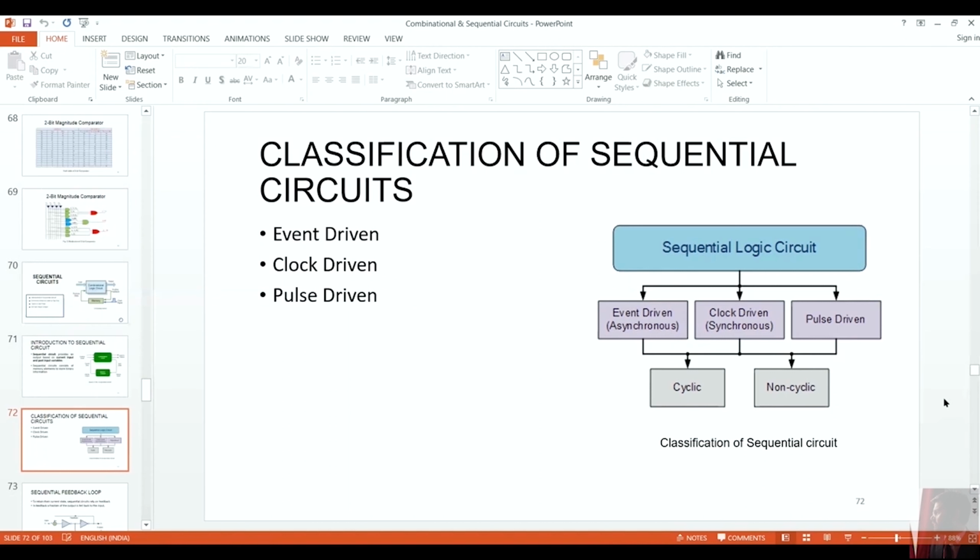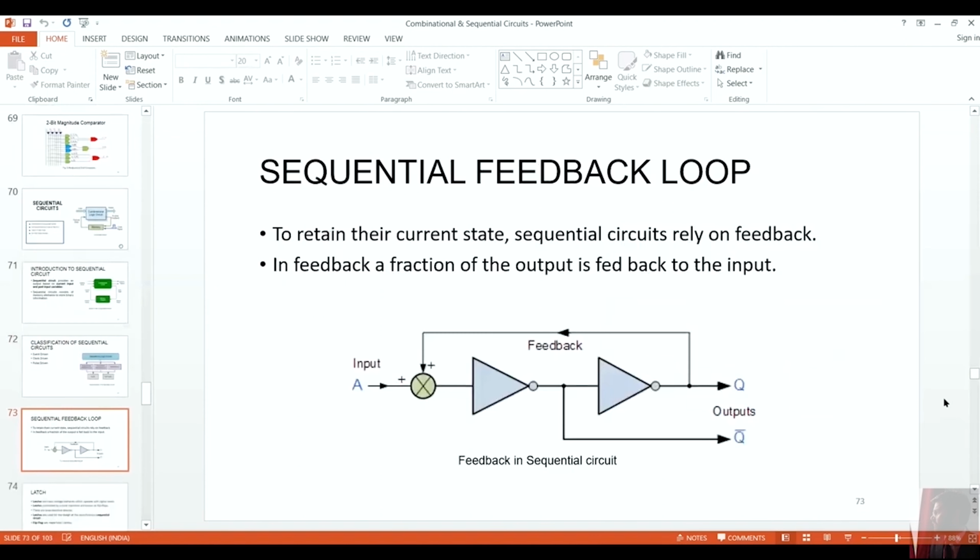When we talk about event, as I told you, it is random, it is asynchronous. When it is clock driven, it has to be synchronous, because the clock has to be given to every flip flop or every circuit connected, cascaded, or coupled. And third is pulse driven, which can be cyclic or non-cyclic. So these are three different classifications of sequential circuits.